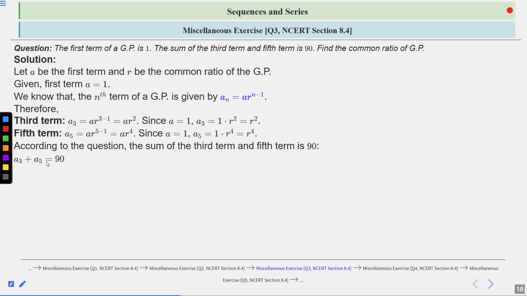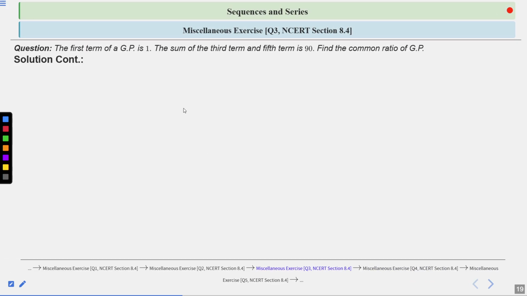Substituting these values in this equation, we get r square plus r power 4 equals 90. Rearrange the terms to form a standard quadratic equation in terms of r square, because we need to find the value of r.